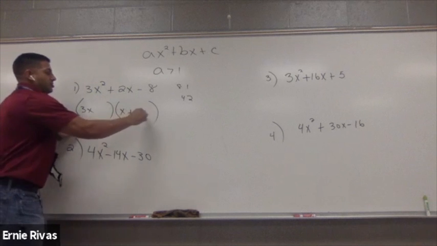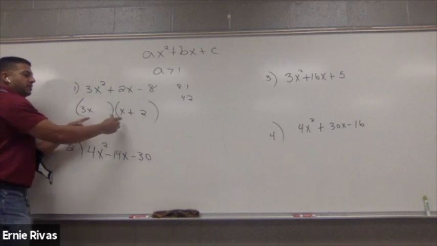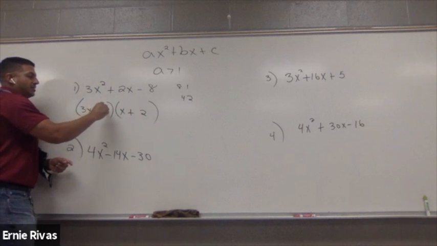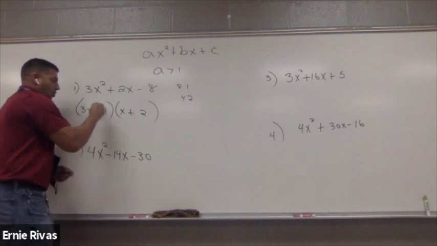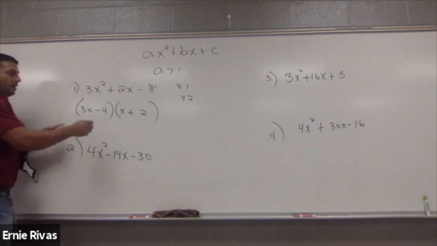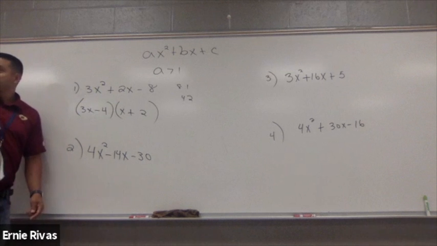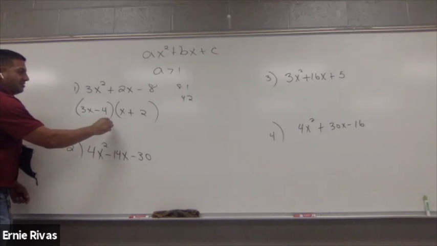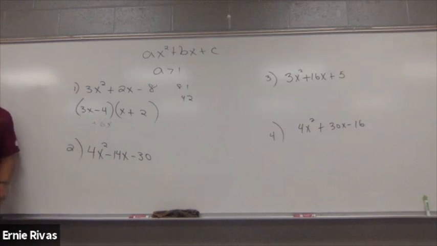So we're going to say plus 2 to make that positive 6, and then minus 4 to give us negative 4. If we're checking our work, the outer term is positive 6x, and the inner term, what's that?